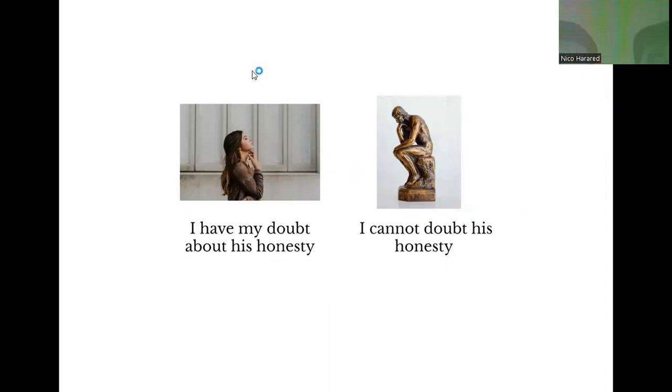So we have the same word, but different parts of speech. Please identify what kind of part of speech it is, the first one and the second one. Next.